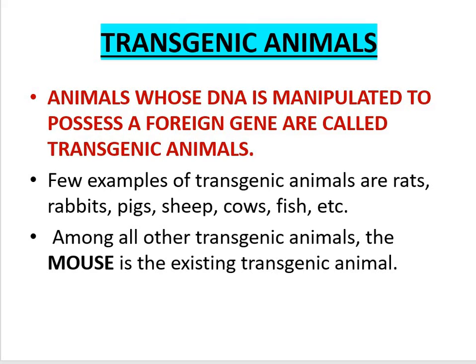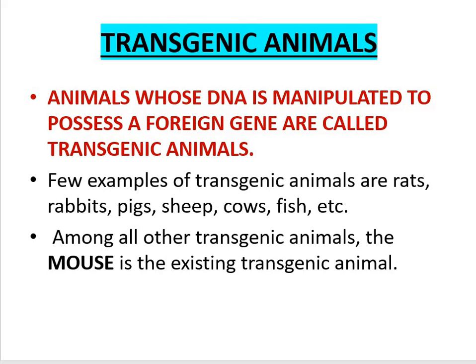But the risk factor cannot be ignored, and hence directly trials on humans are not feasible. Hence, to have results which are very close to what results would be obtained in humans, transgenic animals are used, and these transgenic animals are many times having the foreign gene in the form of a human gene.